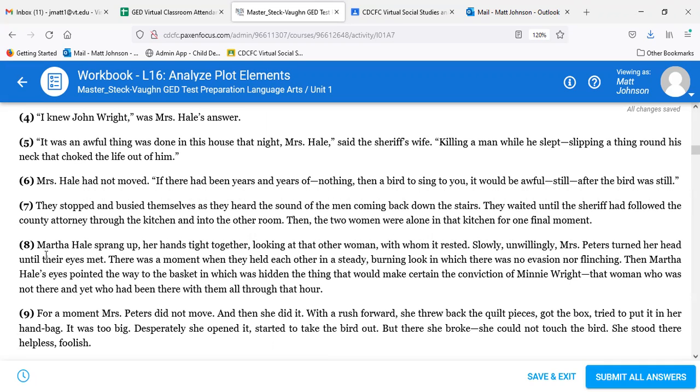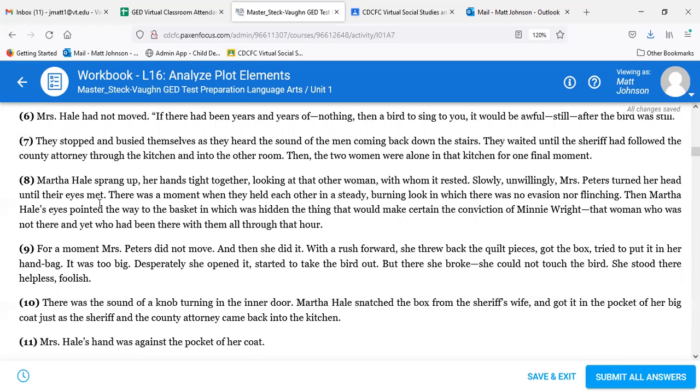Slowly, unwillingly, Mrs. Peters turned her head until their eyes met. There was a moment when they held each other in a steady, burning look, in which there was no evasion nor flinching. Then Martha Hale's eyes pointed the way to the basket in which was hidden the thing that would make certain the conviction of Minnie Wright, that woman who was not there and yet who had been there with them all through that hour.